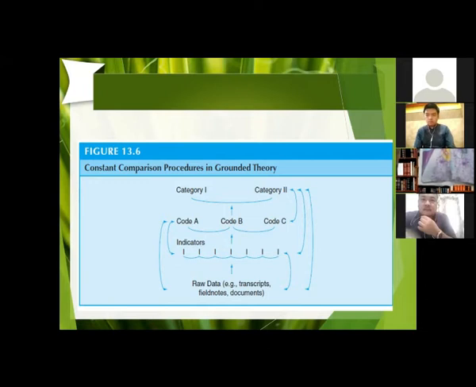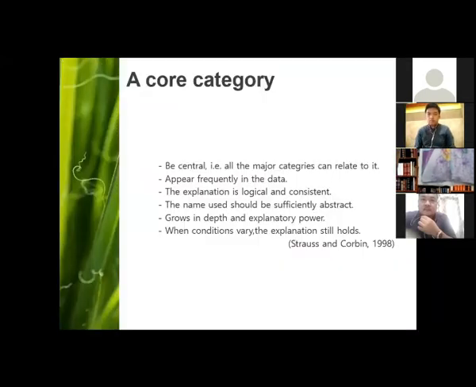This is the constant comparison procedure in grounded theory. You can see it in the figure in the book. Okay, next.